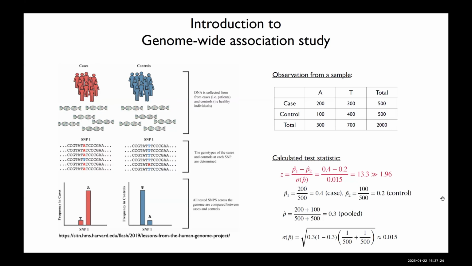And it's very likely that the proportion of A in cases is greater than the proportion of A in control, meaning that having an A is associated with having the particular disease under consideration.